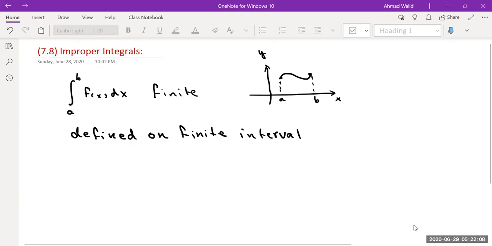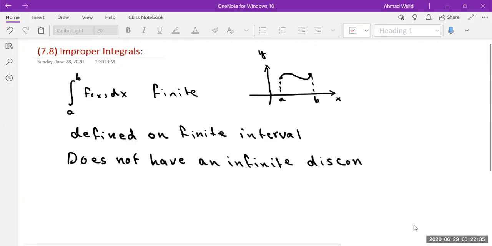This function is defined on a finite interval. It starts from somewhere, ends somewhere, and does not have an infinite discontinuity.